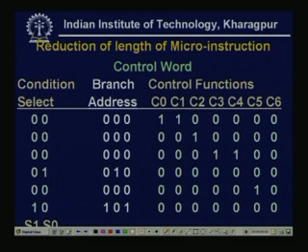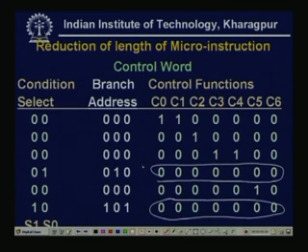In case of a branch instruction, these are the two branch instructions: one is go to 2 and the other is go to 5. So the branch address is 2 and 5 in decimal, and then the control signals of the functions are 0.